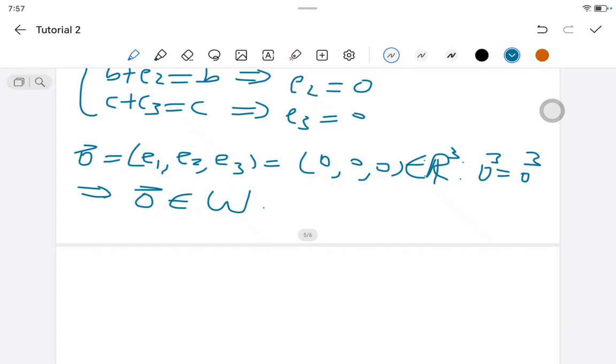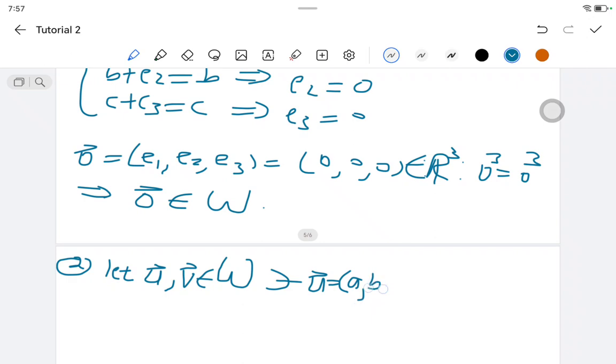Let's see the second condition. The second condition is that when I pick two vectors, u and v, which are elements of W, such that u is equal to (a, b, c), which is an element of R3, such that if I cube the first element and cube the last element, they're going to be equal.